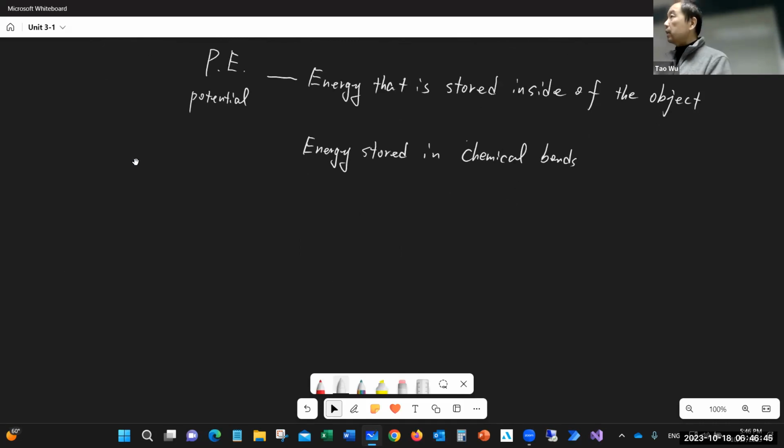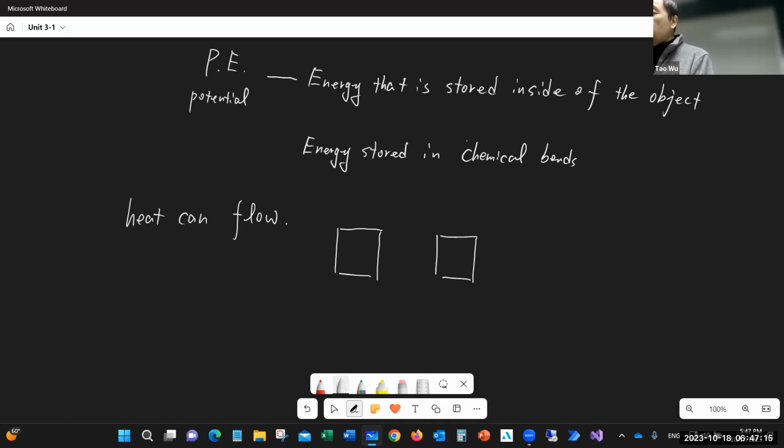In other words, heat can be transferred, or can flow.